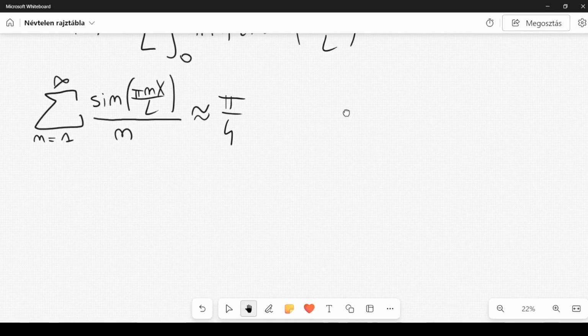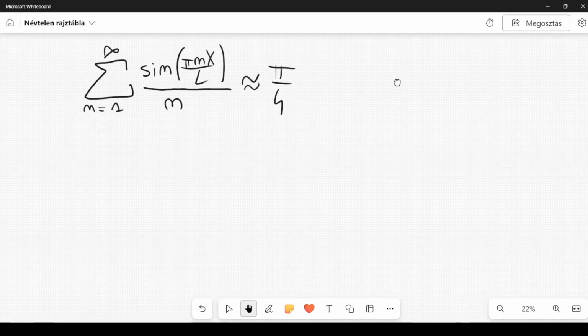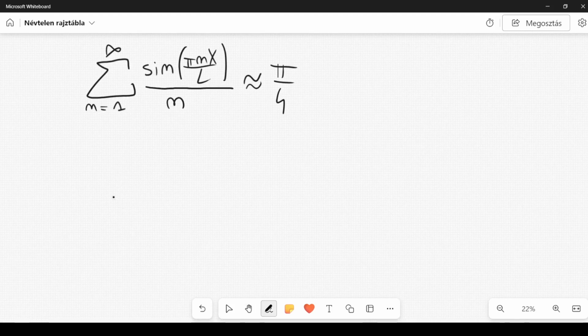We will not get into all the mathematical details, but I want to show you an intuitive approach for why this is true and how we can use it to derive the series representation of the function above. Now, in particular, let's rewrite this series.